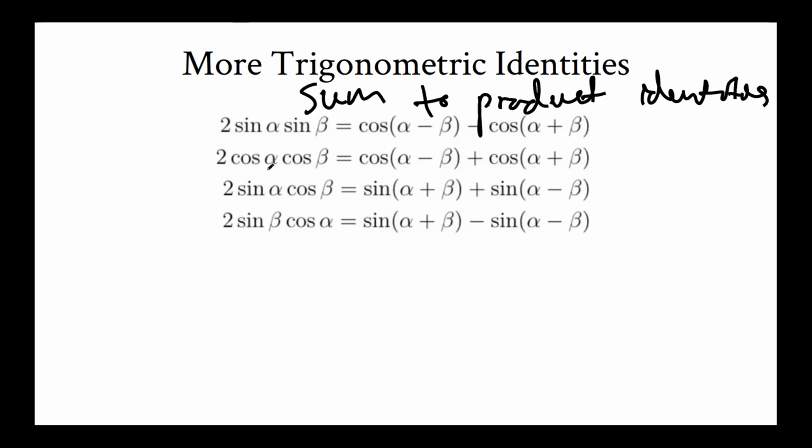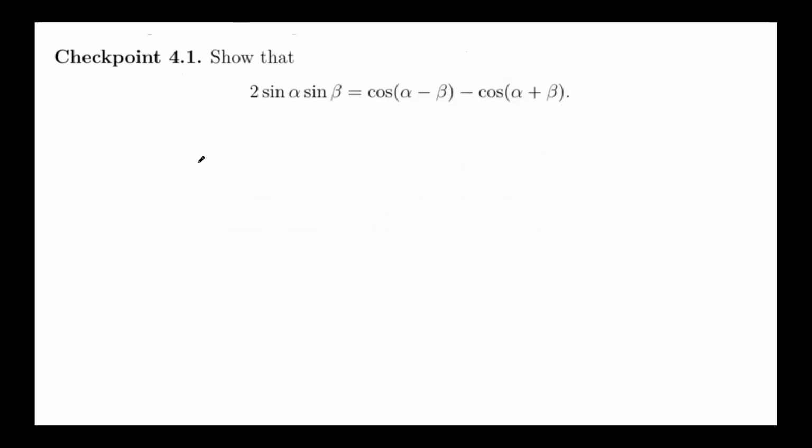So if you want to try that on your own, you can try that on your own time. But it should be pretty straightforward applications, because we just plug in these values and then simplify away to get these. So we have this checkpoint here, just for the first sine one. I'll give you guys like a minute or so to try it on your own, and then we'll talk about it.